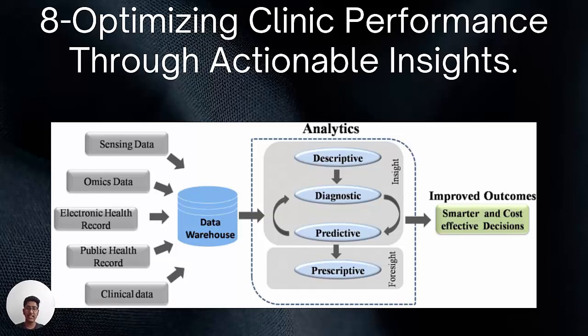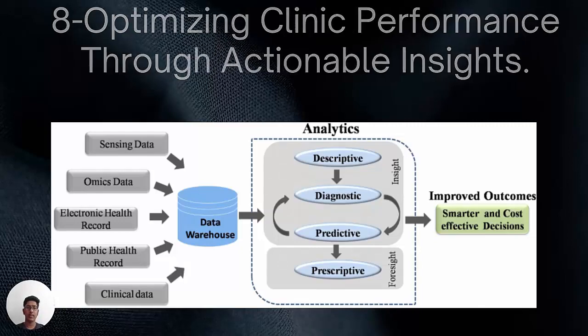Data warehouse, sensing the data, omics data, electronic health records, public health records, and clinical data: all of this is collected and sent to the data warehouse. The data warehouse is connected to the analytics process, which includes descriptive, diagnostic, predictive, and prescriptive analytics. Through this, finally we get improved outcomes and smarter, cost-effective decisions.